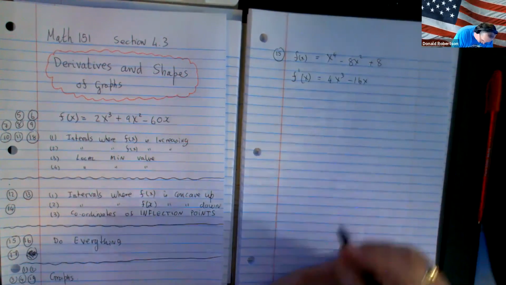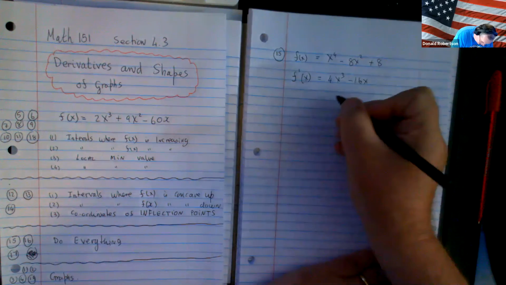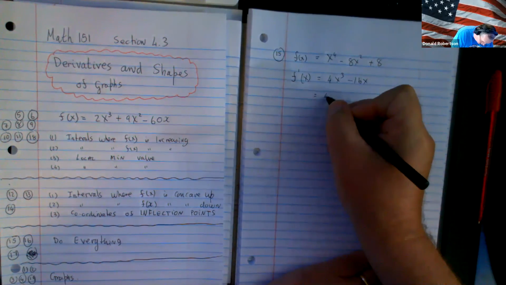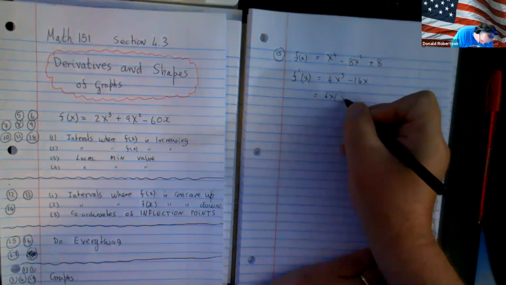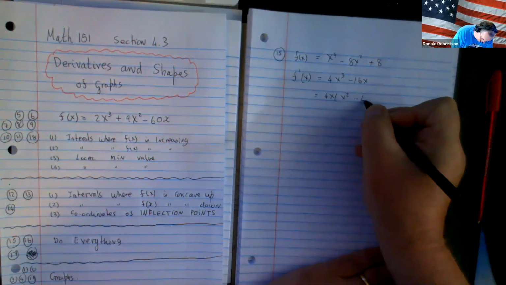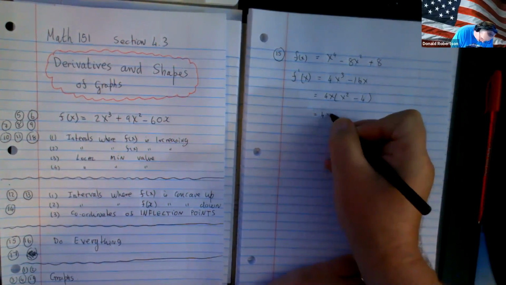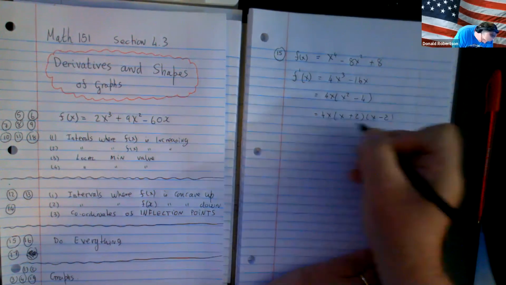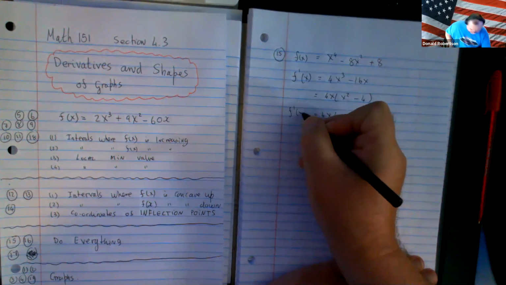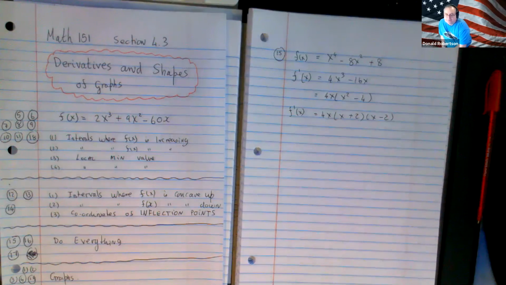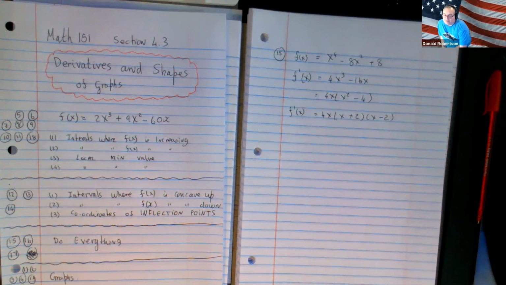This fella is the first derivative. If I take out 4x as a common factor, if I then factor it a little bit more, I get that guy. You comfortable about so far so good?